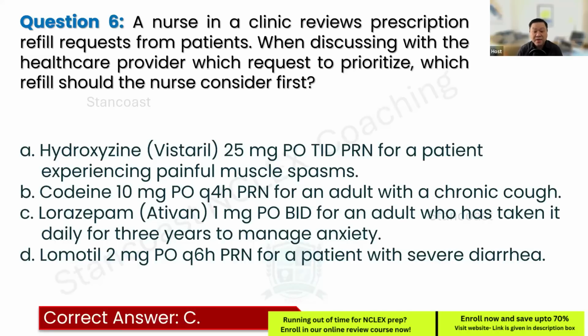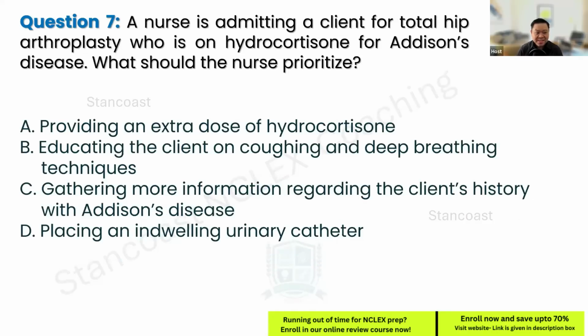Therefore, the refill request does not have the urgency compared to the lorazepam. So, in this test question, you need to prioritize the medication based on potential health risk associated with withdrawal symptoms or abrupt discontinuation.